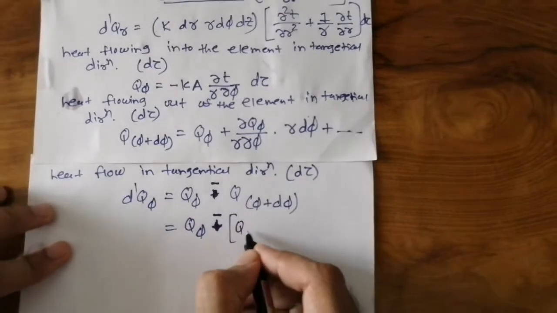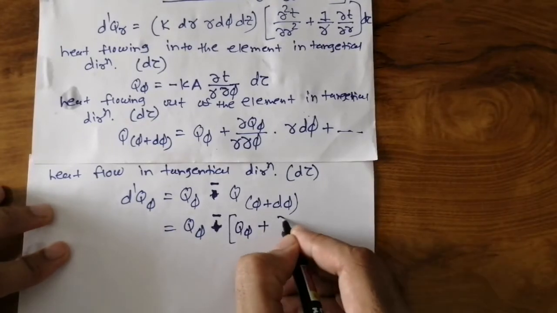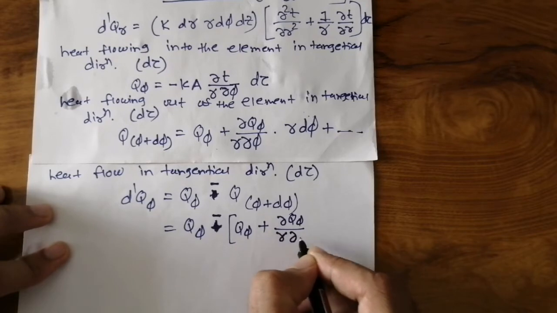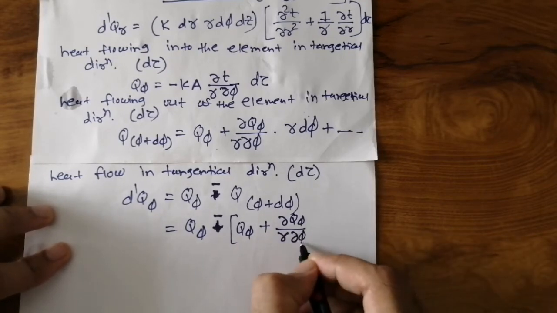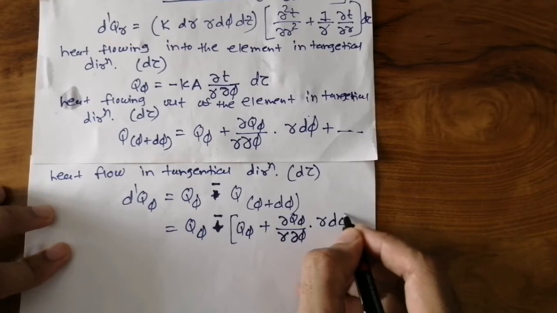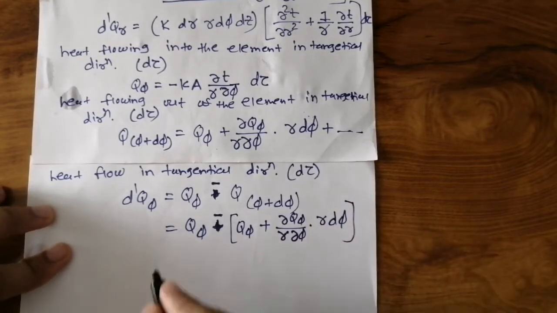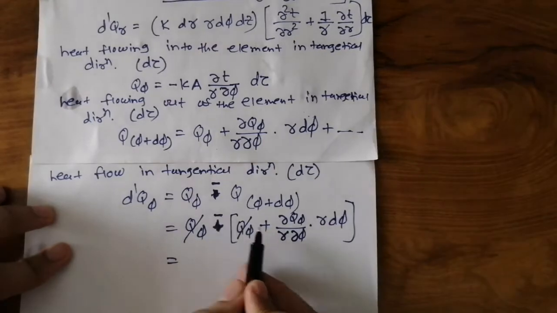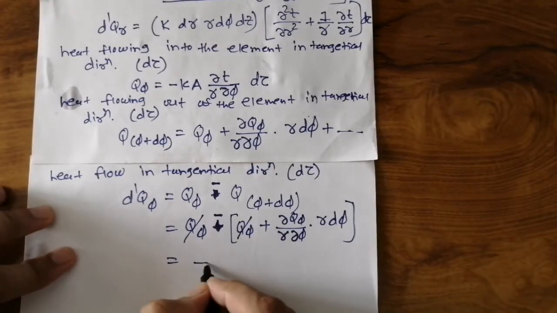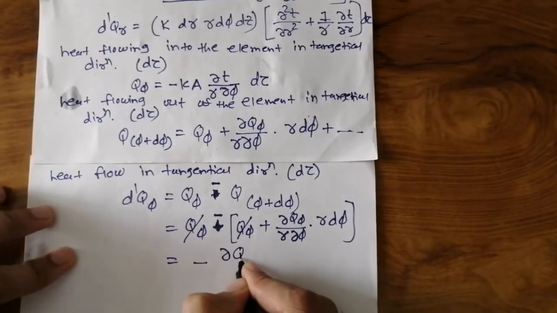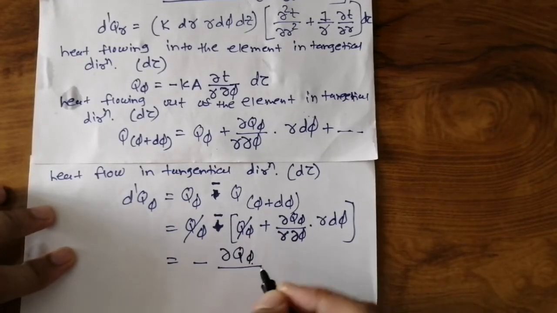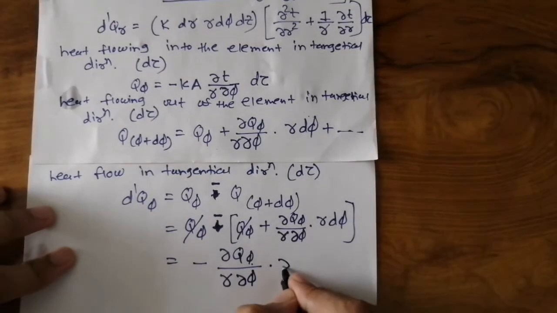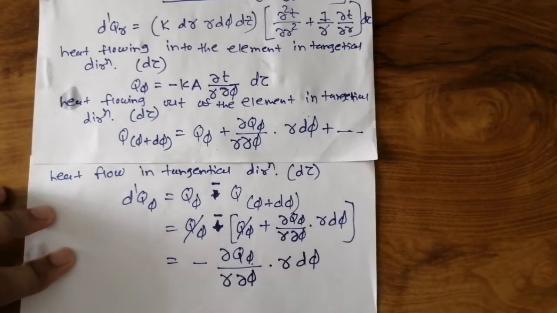So it will be Q5 plus del Q5 divided by r del 5 into r d5, neglecting higher-order terms. When that bracket is separated out, Q5 and Q5 will cancel out. With this minus sign, it becomes minus del Q5 divided by r del 5 into r d5.